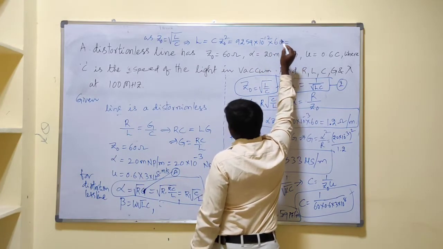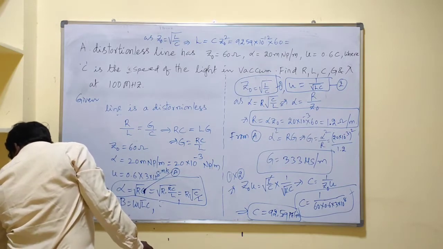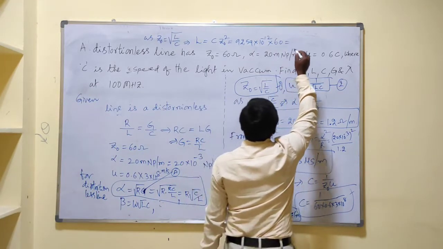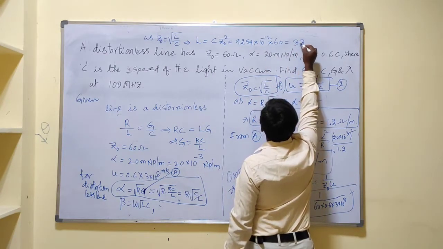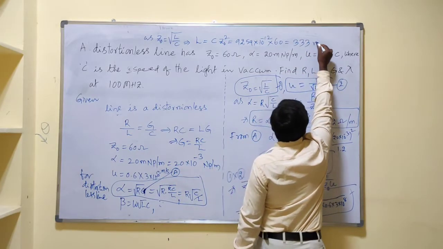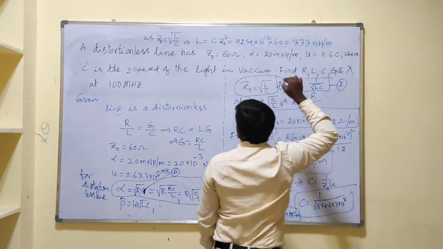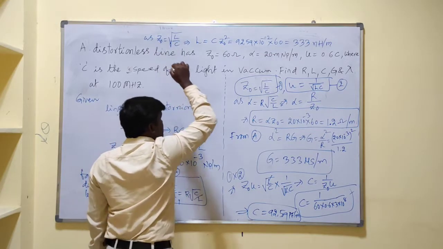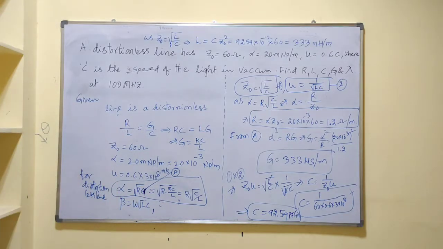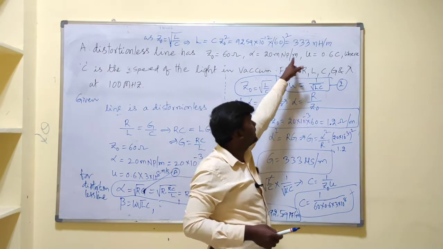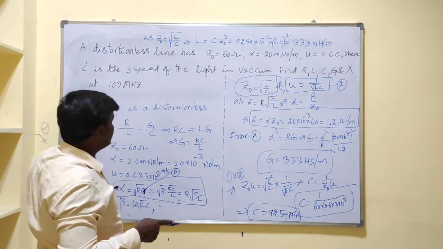So L equal to C into Z naught square, that is 60 whole square times C, which gives 333 nano henry per meter. And last one, we need to determine lambda.